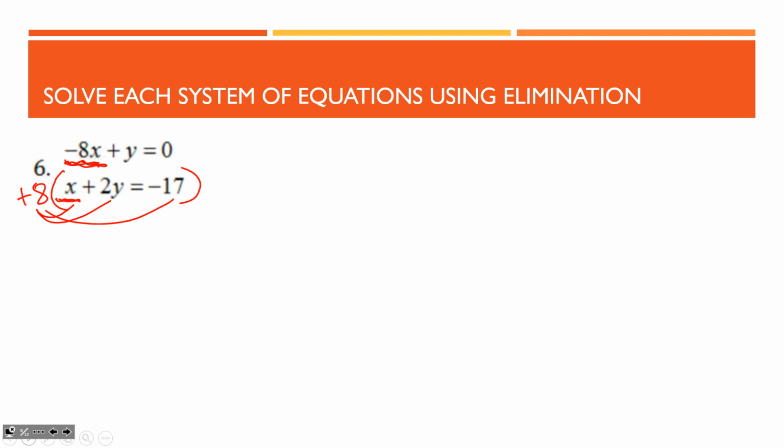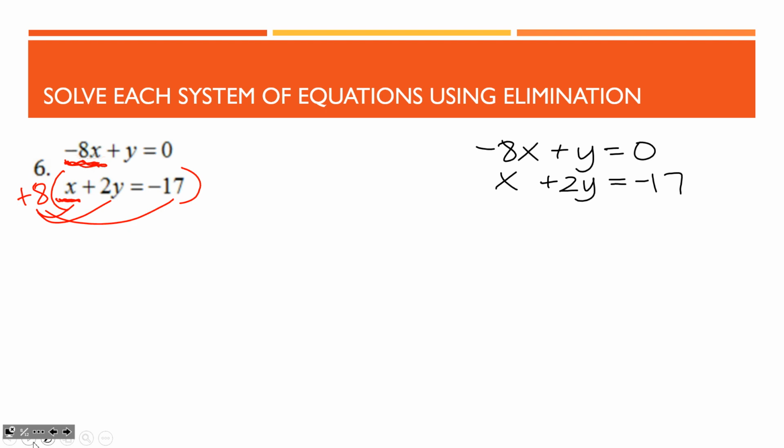That's one option. Now, I'm going to rewrite the system. So this is just the original system, the original two equations. Think about, what if I wanted the y's to cancel?